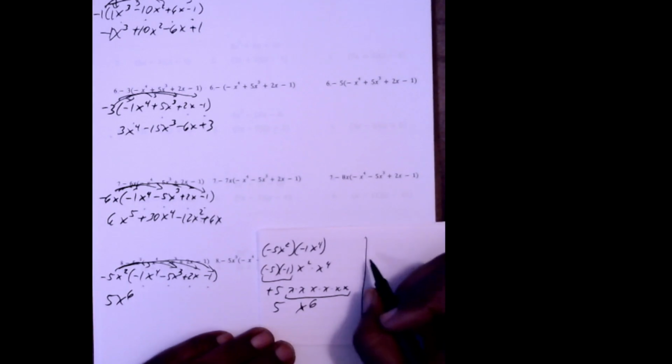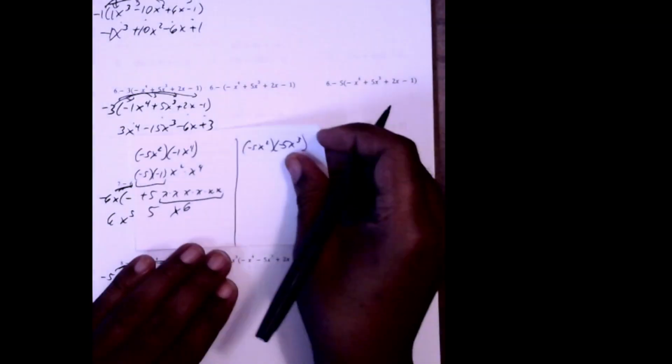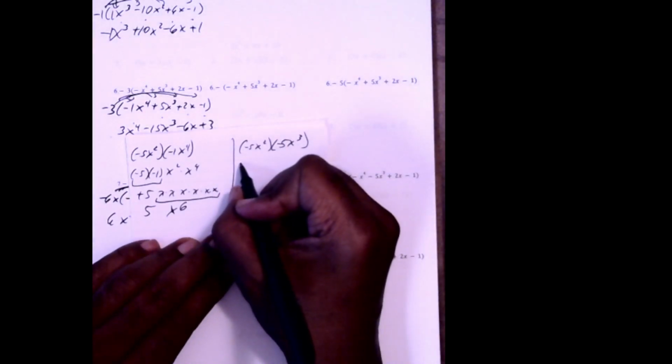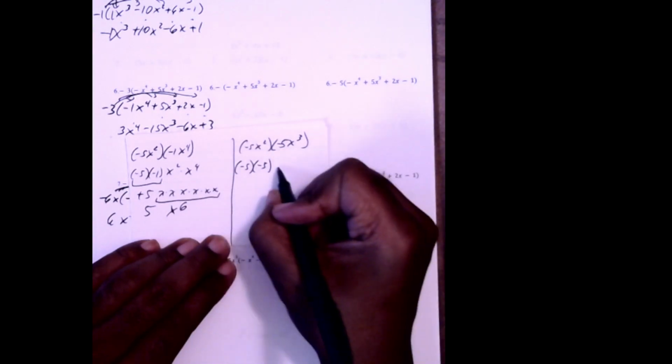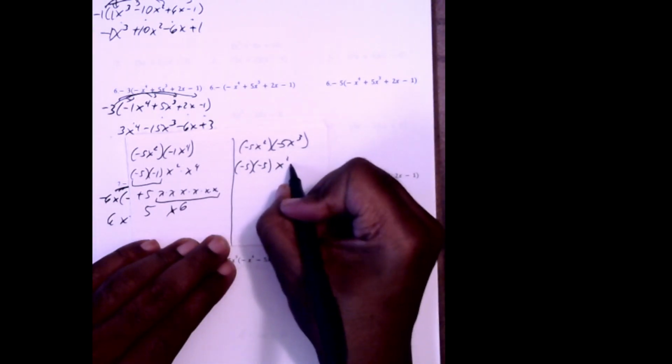Okay, next, we're multiplying a negative 5x squared times a negative 5x cubed. And I know that's off the screen. Let's bring that back here. So what we're going to do is associate the negative 5's together, and then we're going to associate the x's together.